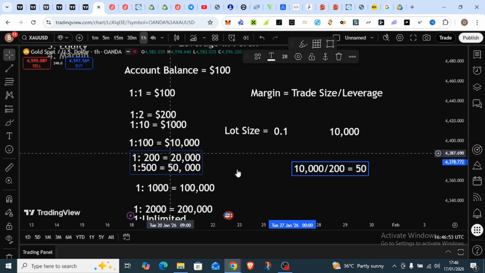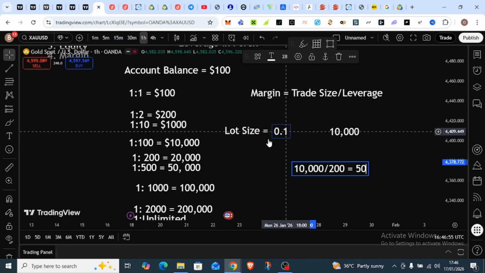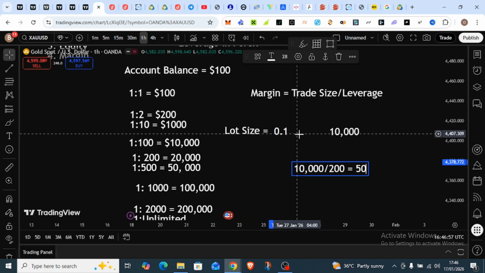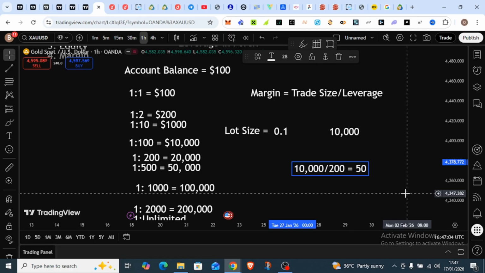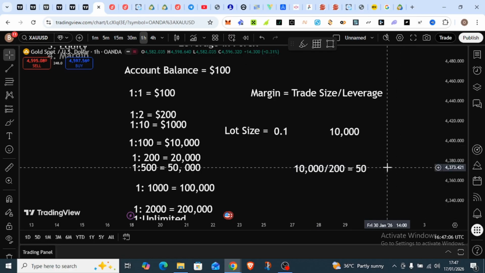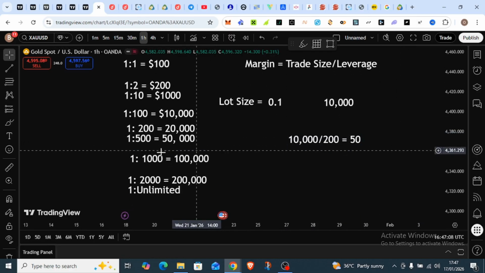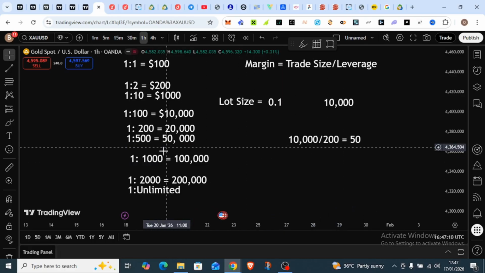So from leverage of 200, we'll be able to place this trade with a lot size of 0.1. So from this to the last one, which is unlimited, we can place the trades.